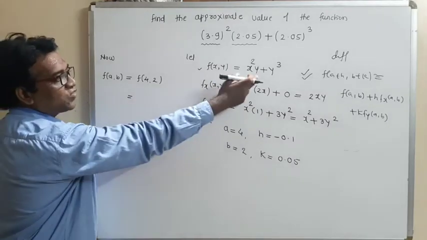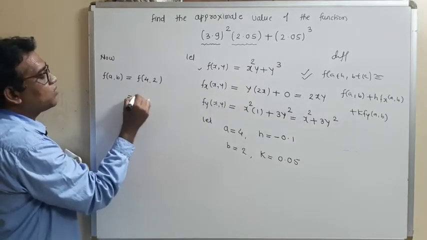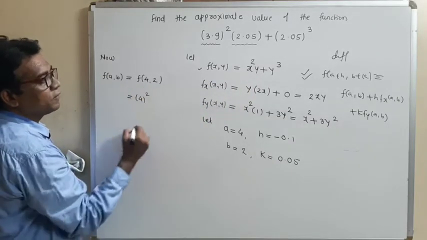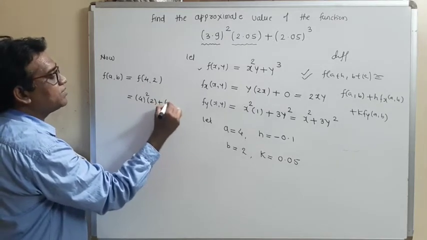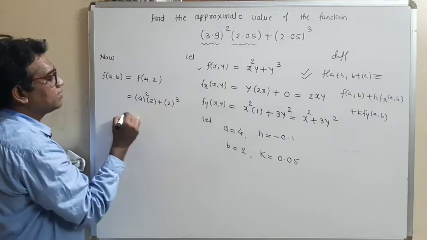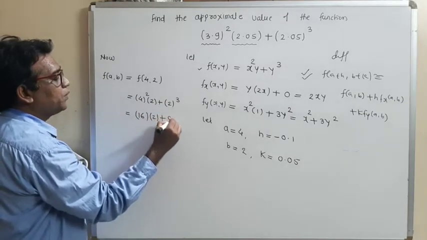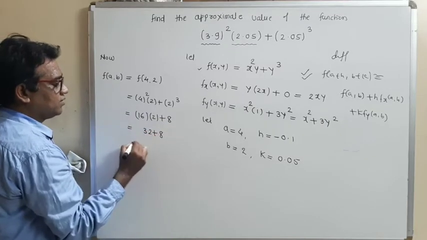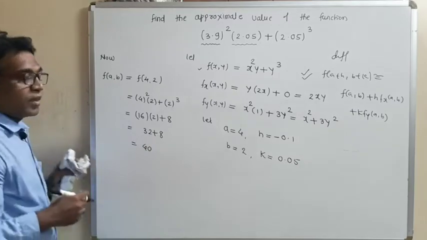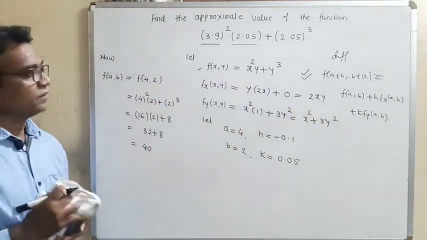So f of xy will be x square y plus y cube. So what is x square? X square means 4 square. The value of y is 2, plus y cube means 2 cube. So this is equal to 4 square, which is 16, into 2, and 2 cube is 8. So 16 into 2, 32 plus 8. So this is equal to 40. So the value of f of ab is 40.